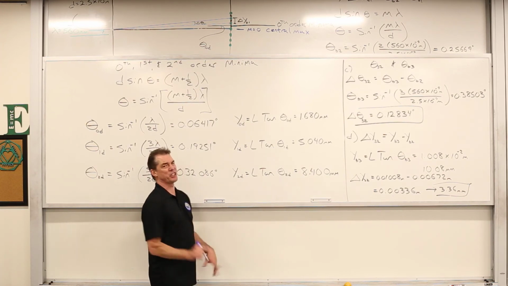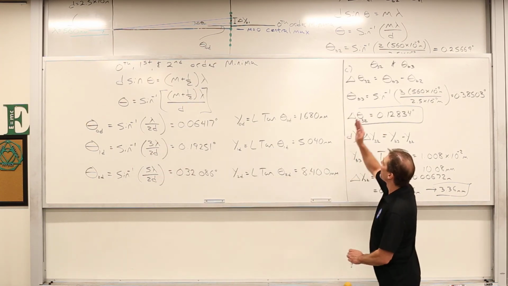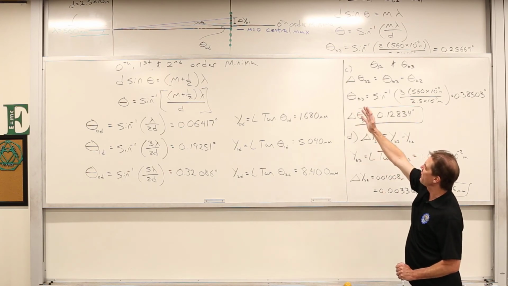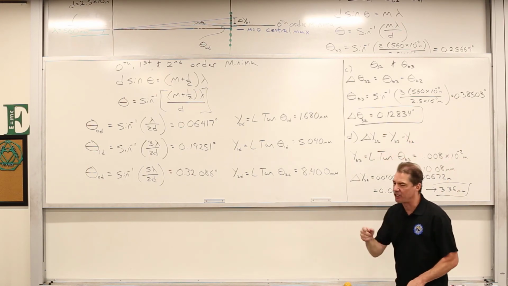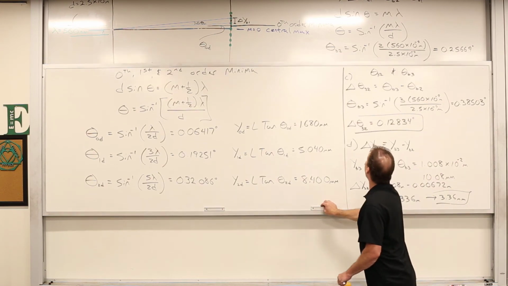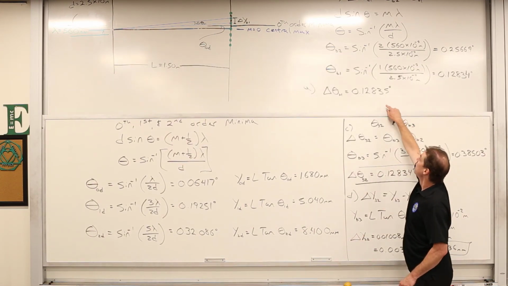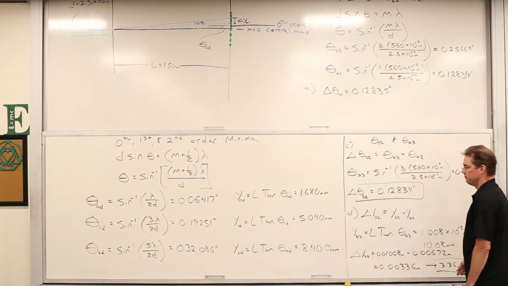That's it. One last question. I think it is, what should the distance of the screen be if we actually want the first order and the second order maxima to be separated by exactly 3 millimeters. Right now, we've got them separated by 3.36 millimeters.